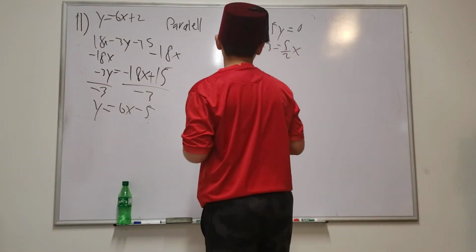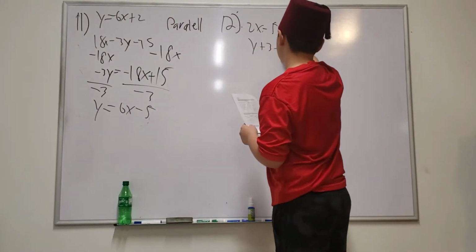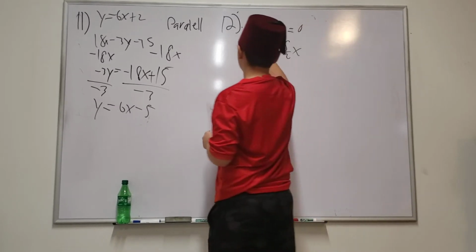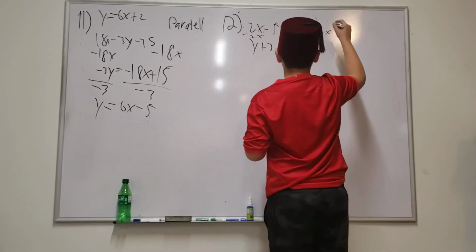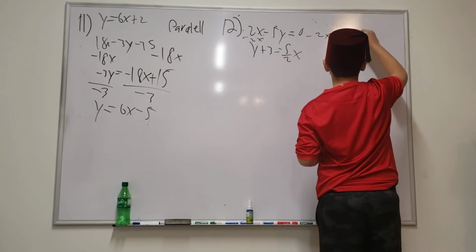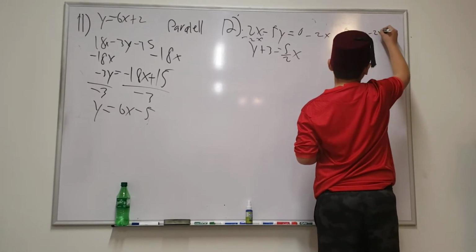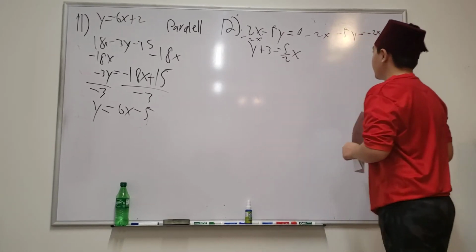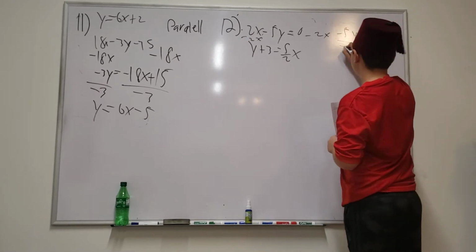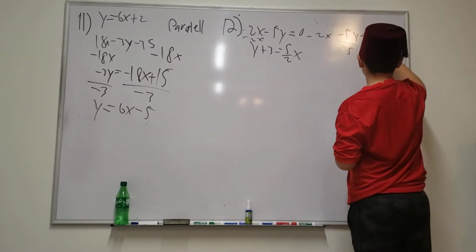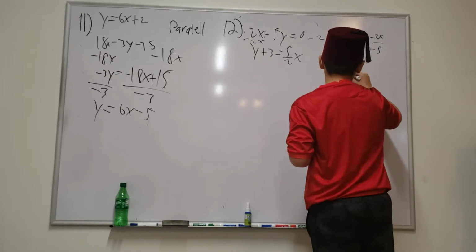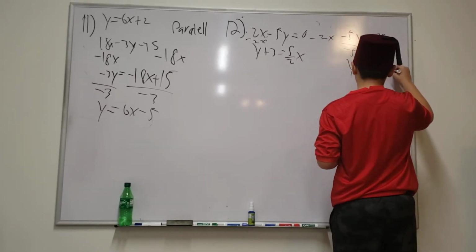So what we're going to do is subtract 2x from both sides on the top equation. So that gives us negative 5y is equal to negative 2x. Now we're going to divide both sides by negative 5. So that gives us y equals 2/5 x.